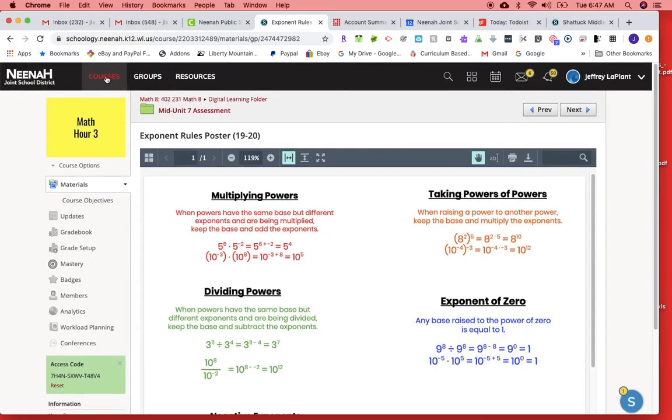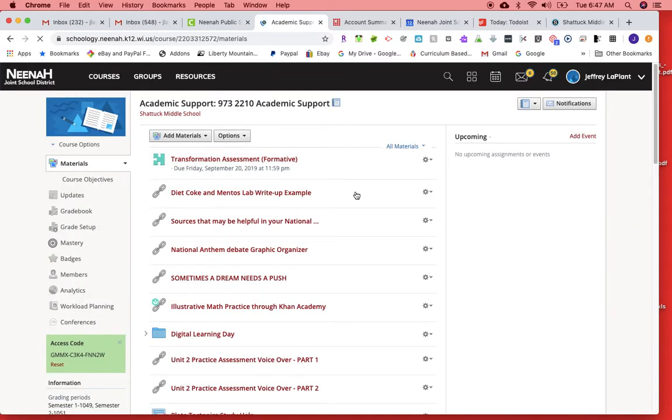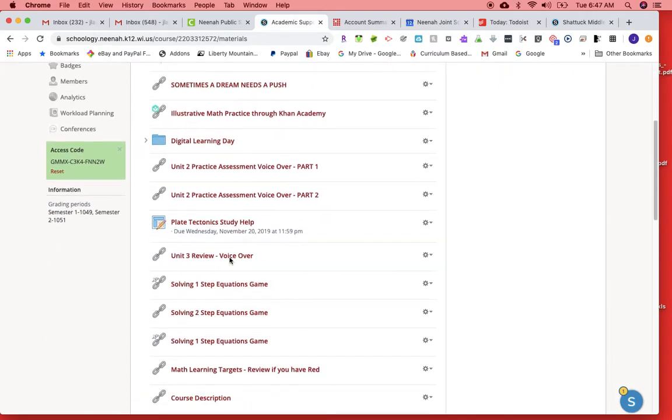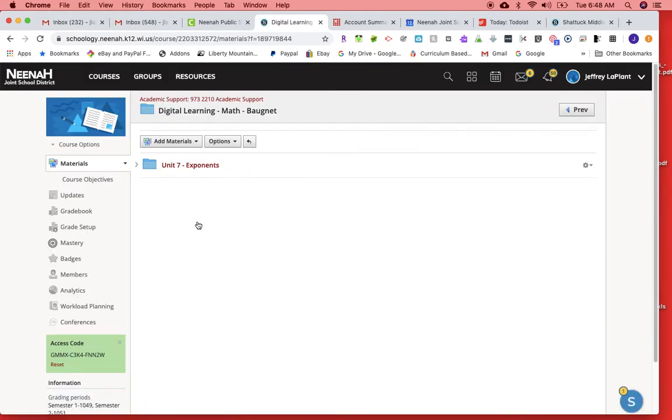If you go to our academic support as well, you can click on any of the academic support classes, and under materials, go to Digital Learning Math Baunet, then Unit 7, exponents.